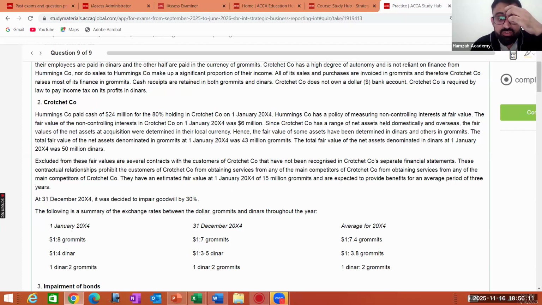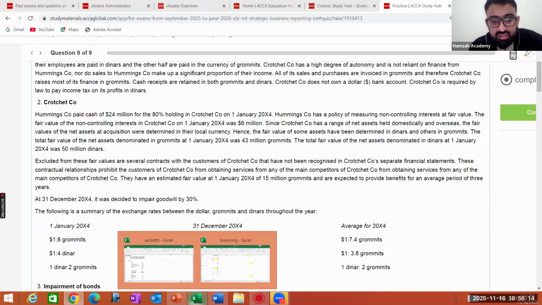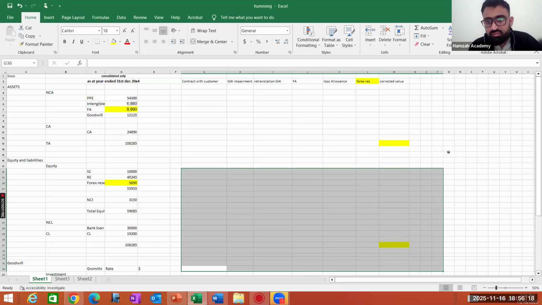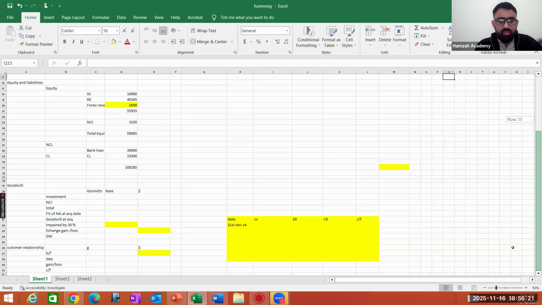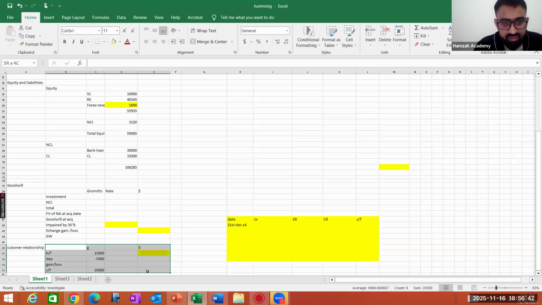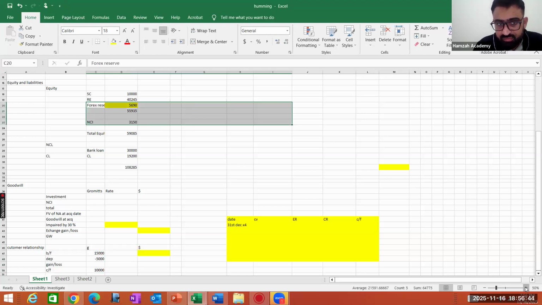And on 1st January X4, if I can show you the calculation here, the fair value in grommets is 15 million, and the depreciation is over 3 years. So the closing value in terms of grommets of this customer relationship is 10,000.